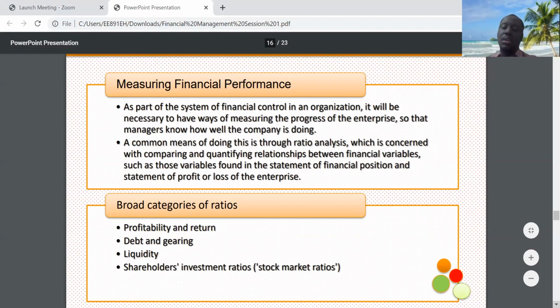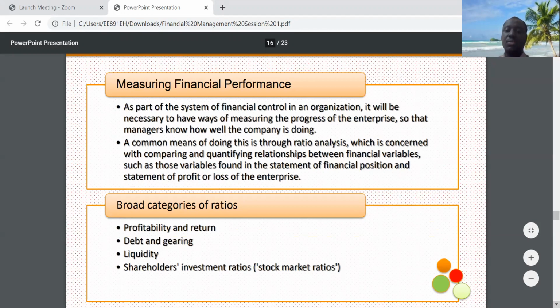In the past lecture, I told you that gearing relates to debt and leverage. Then you have liquidity ratios, which relate to cash. And we have shareholders' investment ratios. So these are the four categories: profitability, gearing, liquidity, and shareholders' investment ratios.